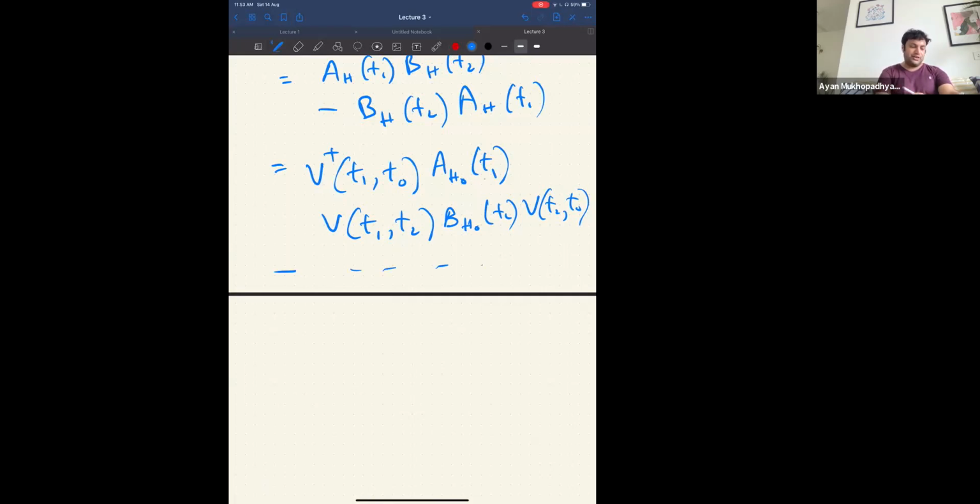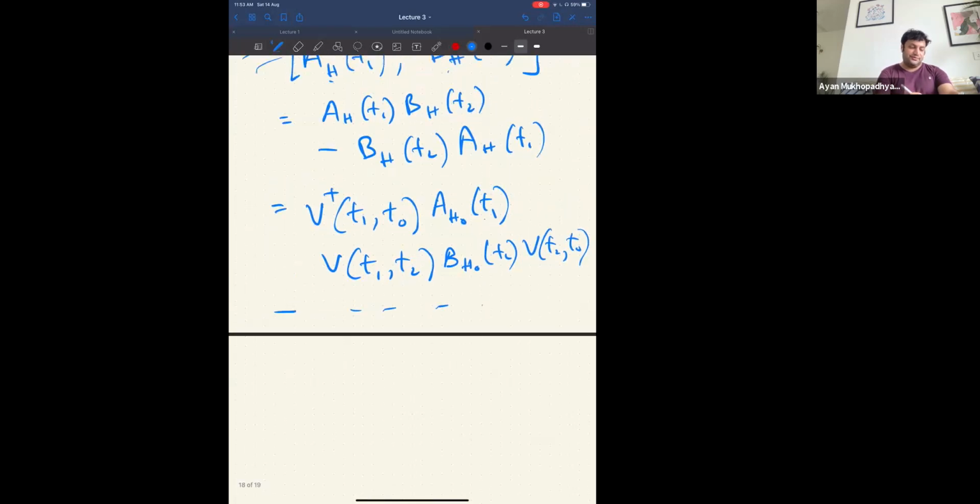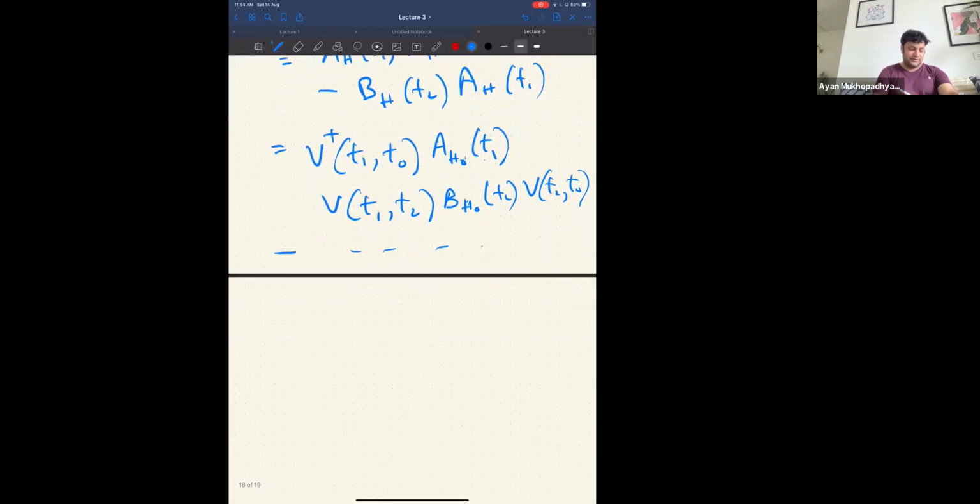So now if I want to get this into a picture, I have to always have this ahead of this. So let me put the first thing into a picture. I can now do the following trick. I can always go from t0 to infinity and then from infinity back to t0, because whatever I do, it should cancel out.